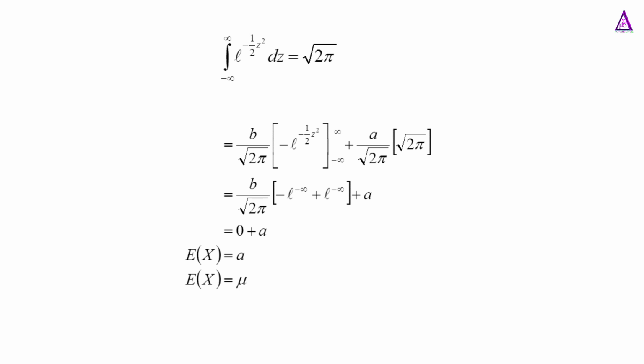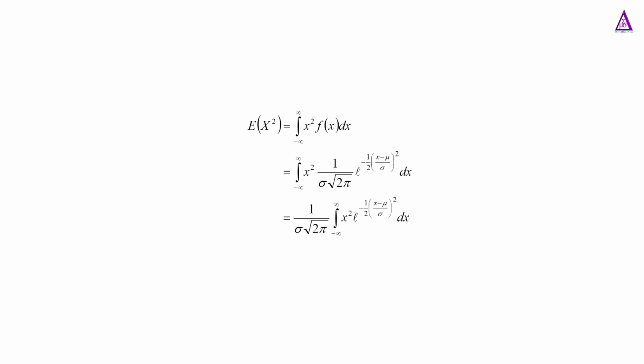So therefore our expected value of the normal distribution by proving gives us a, and our a equal to mu. So the expected value of the normal distribution is equal to mu.